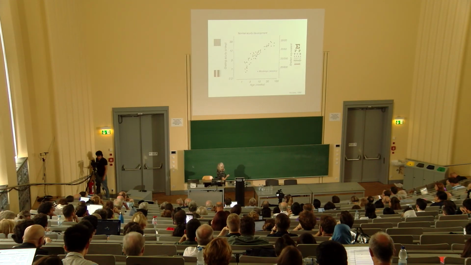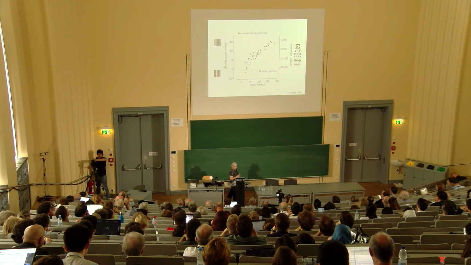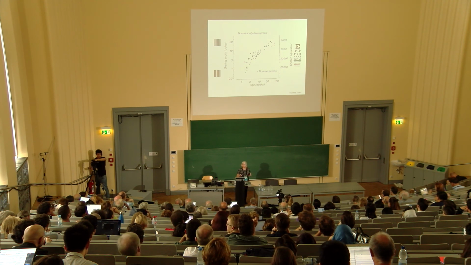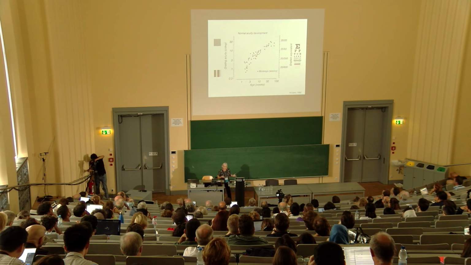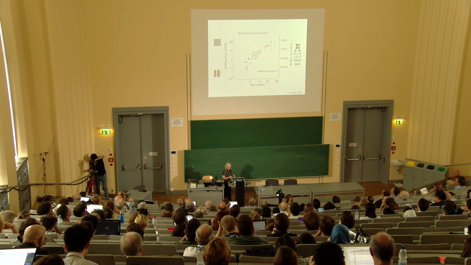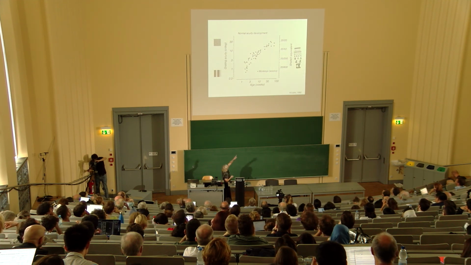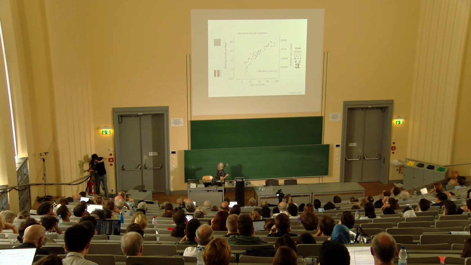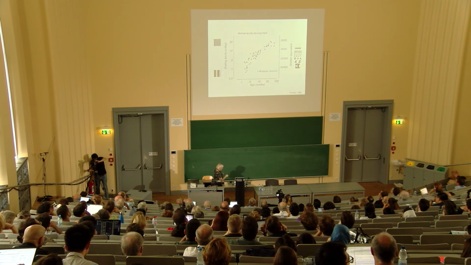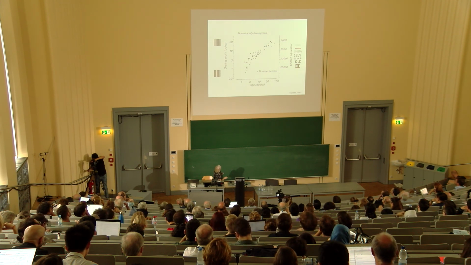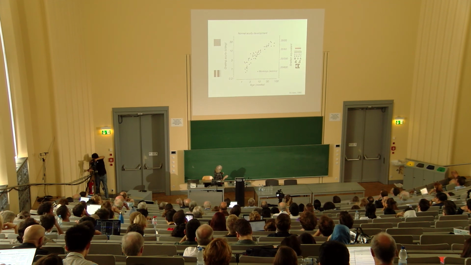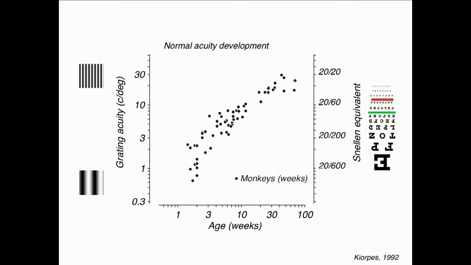So we're going to start out looking at the development of vision, just simple visual acuity. There are, as you'll see, many metrics of vision. This is the most basic. It's visual acuity, if you will, based on the eye chart on the right. Our metric for visual acuity here is grating acuity, shown on the left-hand ordinate. On the right-hand ordinate is the eye chart equivalent, with the big letters now at the bottom and the small letters at the top.